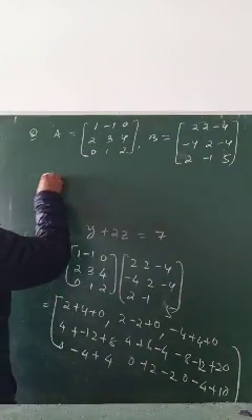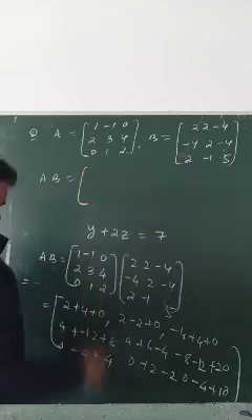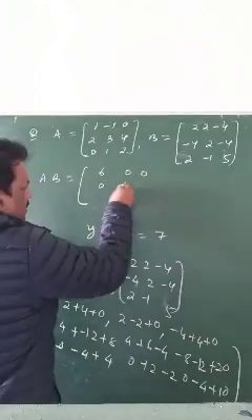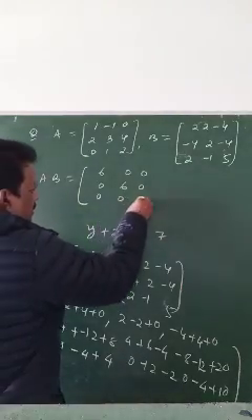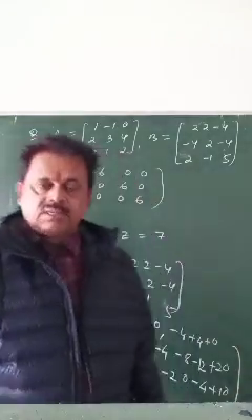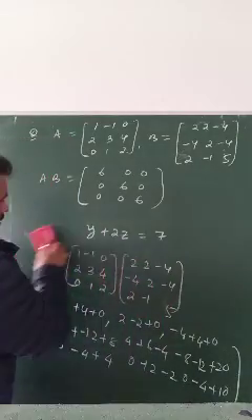The clue I have to tell you, what you have to do here is, AB became 6 0 0, 0 6 0, 0 0 6. I am sure when you check, if you don't get a number like this, there are some mistakes somewhere you have to find out.